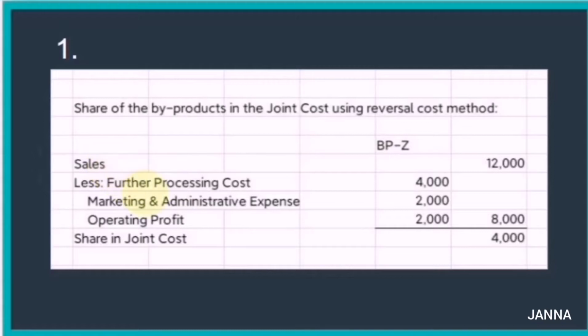So we have sales, further processing cost, marketing and administrative expense, operating profit to arrive with the share in joint cost. So focus lang po to sa byproduct Z.